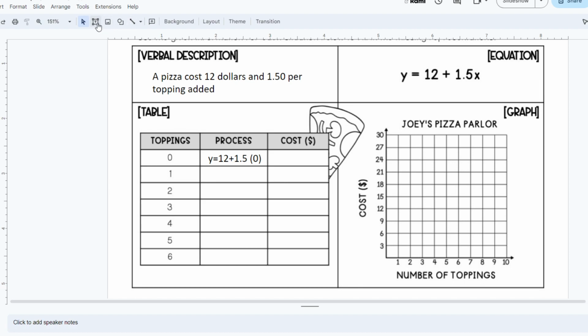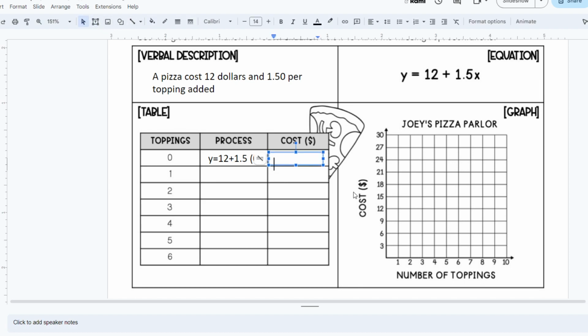And then the cost, well, if we calculate that out, 12 plus 1.5 times 0 is just 12. Easy peasy there.